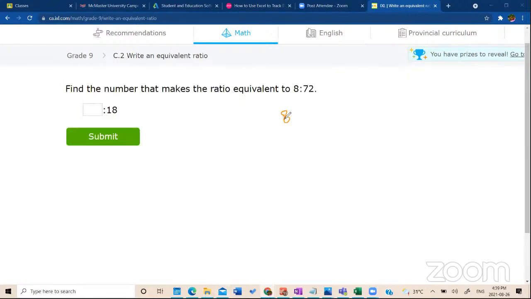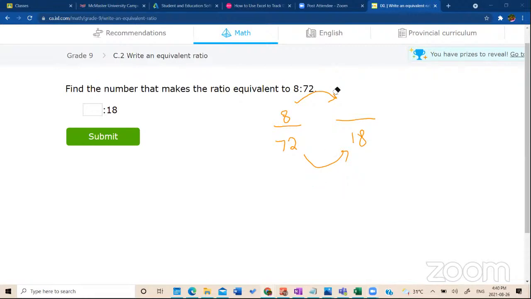Okay, we have 8 over 72. And then we have something over. It's going to be 72 divided by 18. It's going to be 4. And it's going to be 8 divided by 4. It's going to be 2 in this case because we are going from a bigger number to a smaller number. Oh, wait, I don't know why I did divide.